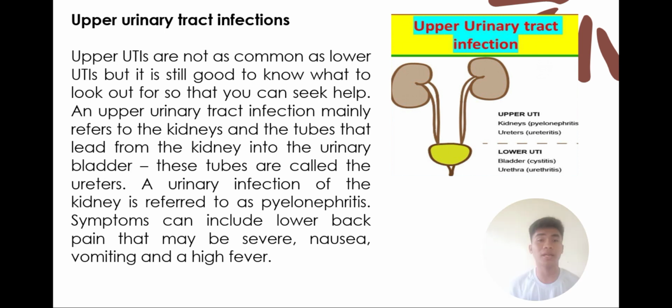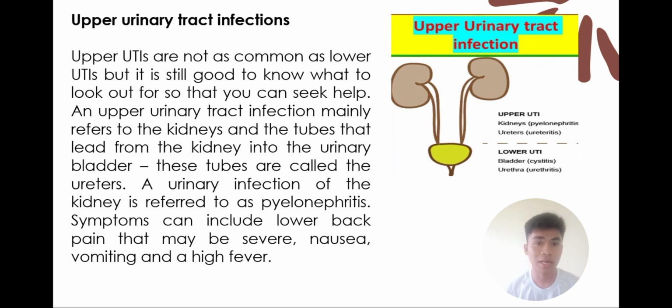An upper urinary tract infection mainly refers to the kidneys and the tubes that lead from the kidney into the urinary bladder. Just look at the picture. This picture depicts the upper urinary tract infection.